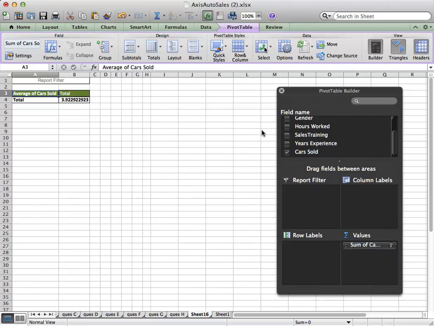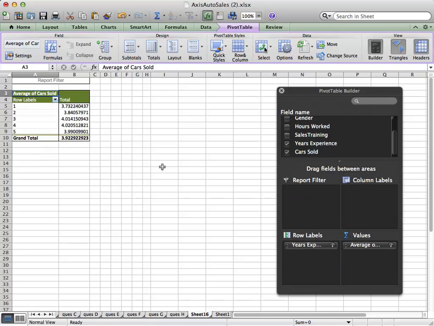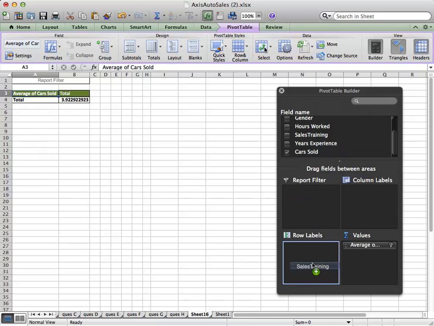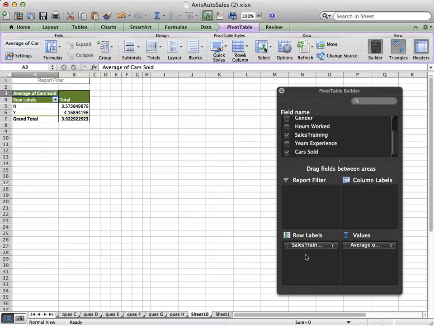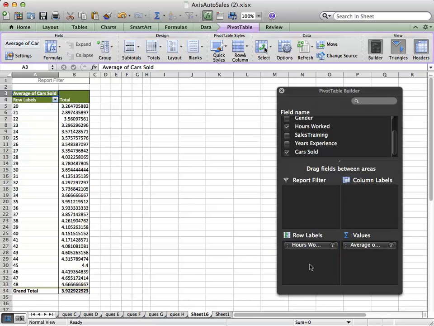We want to get the average. 3.9. Years of experience. There really isn't a terribly good relationship with years of experience. Sales training. Sales training clearly has some effect. Hours worked. Clearly, the more hours worked, the more cars you sell.